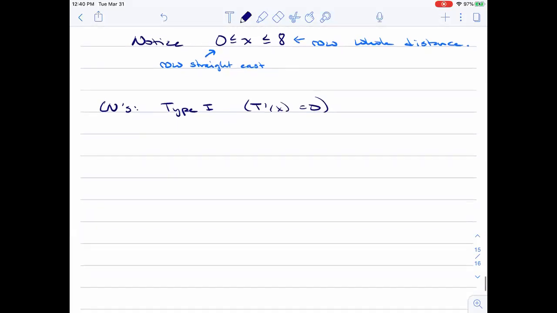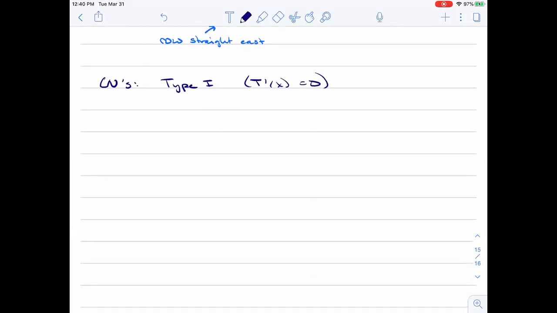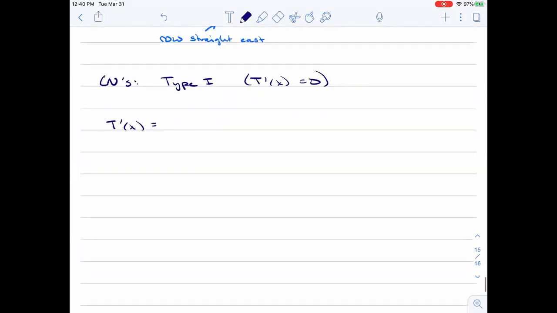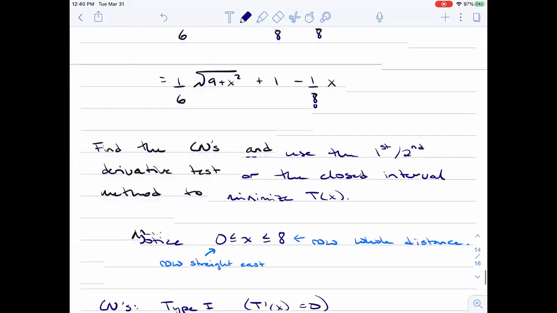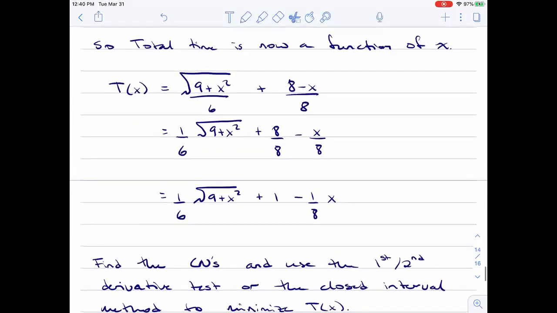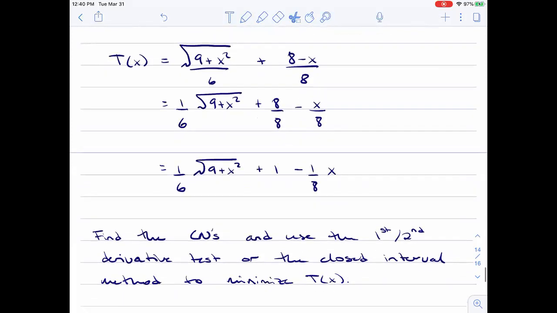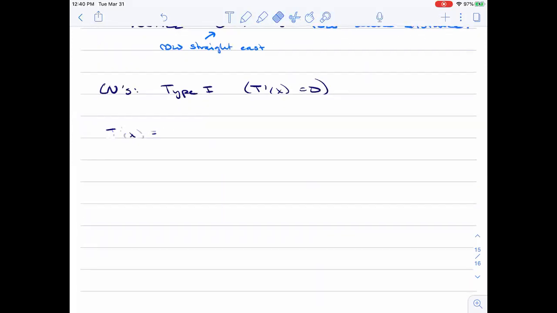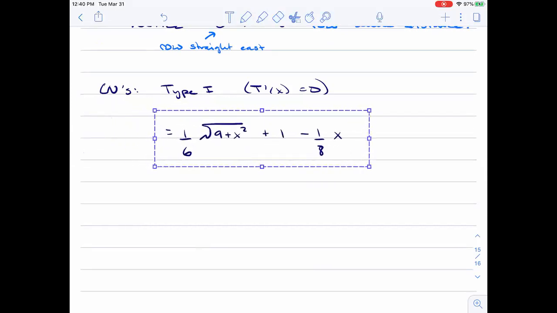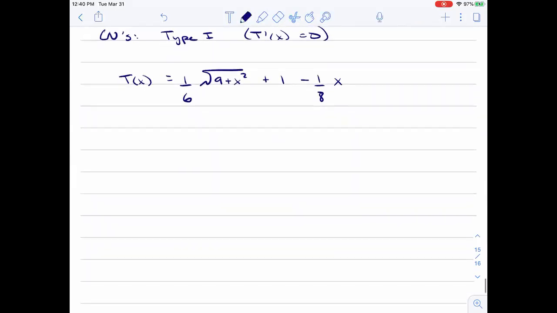And so here, I need my T of x, so I'm just going to copy it and paste it here so I have my T of x.